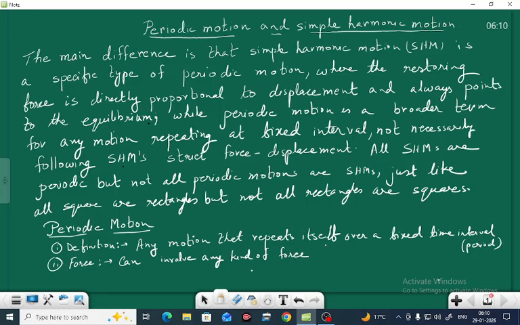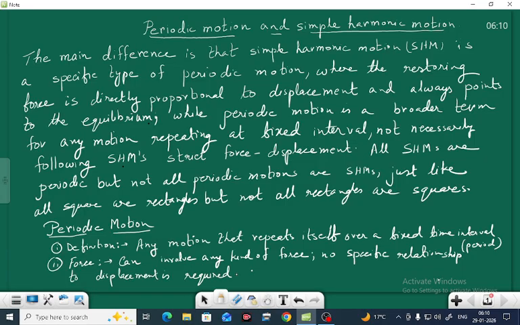No specific relationship to displacement is required.